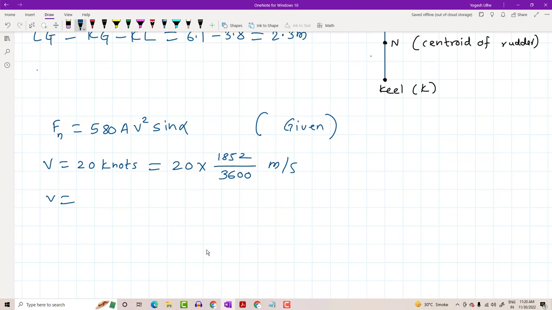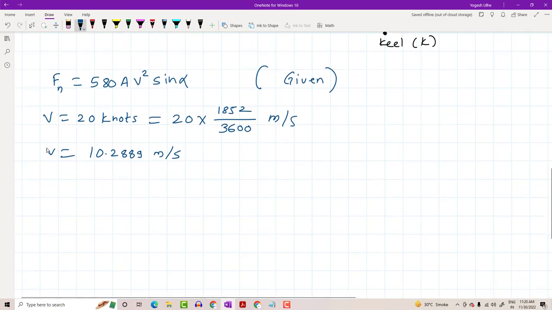How much value will we get? 10.2889 meter per second. We got the value of V. Before going further, with the help of this V, we will calculate Fn also.